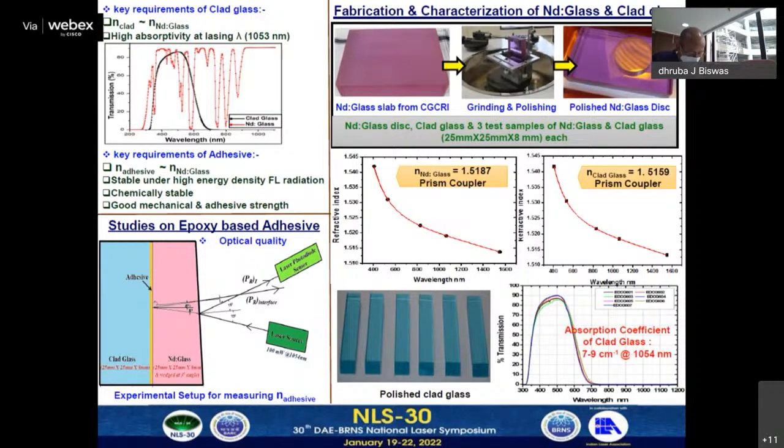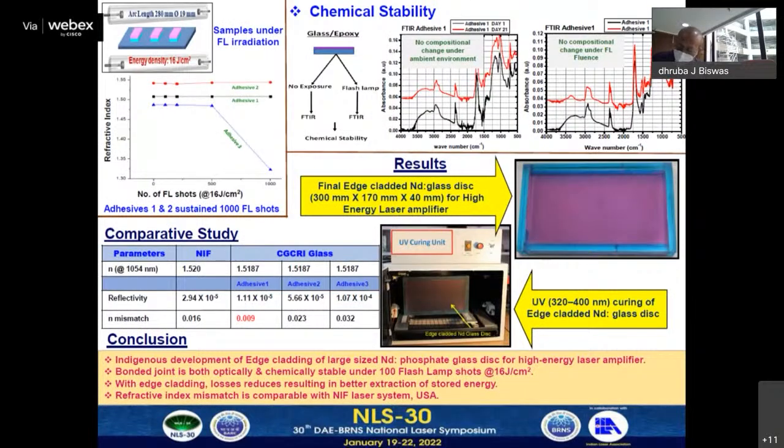Next slide, please. So we have measured these adhesives' refractive index after the flash lamp shots, and we can see in this graph that adhesives 1 and 2 can sustain 1000 flash lamp shots without changing the refractive index. Also, the third key requirement of this adhesive is that it should remain chemically stable both under the ambient environment and under the flash lamp fluence. So we have carried out the FTIR measurement, and adhesive 1 shows no compositional change in both cases.